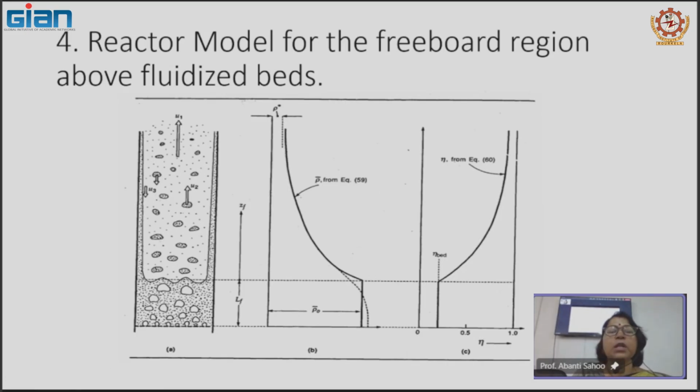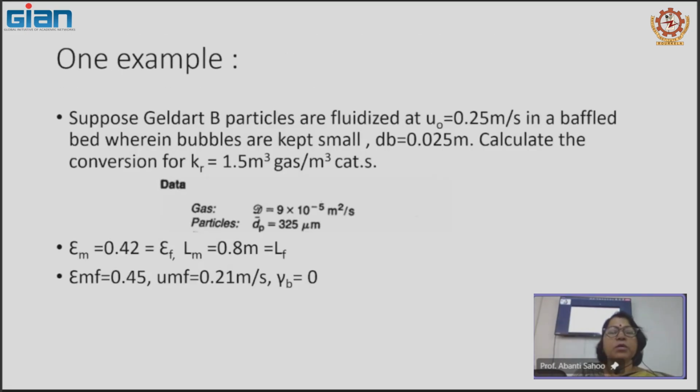Now, one numerical will be solved. Because there are four reactor examples, but I considered just one, as it will not be possible to solve all four reactor examples.